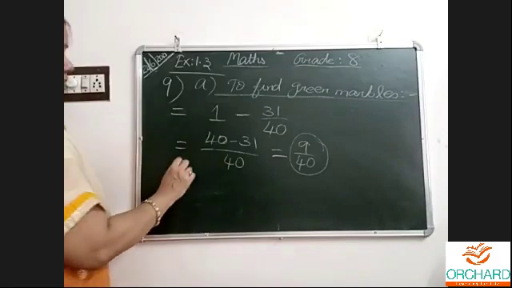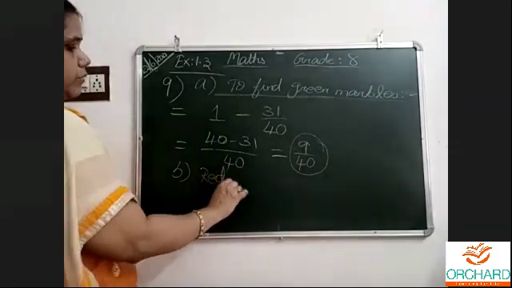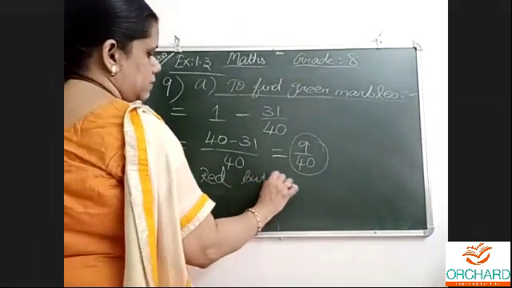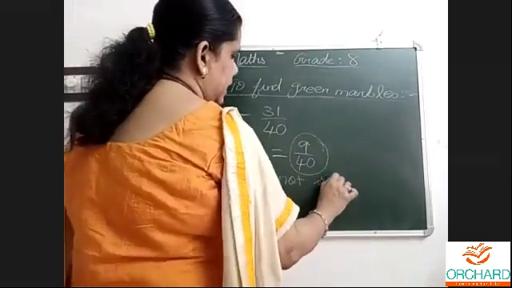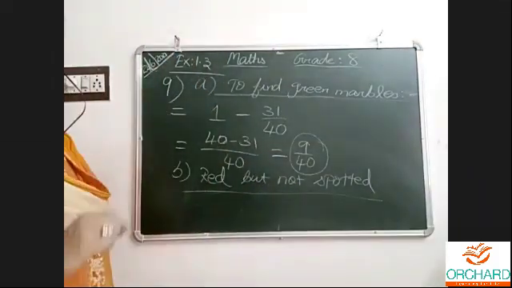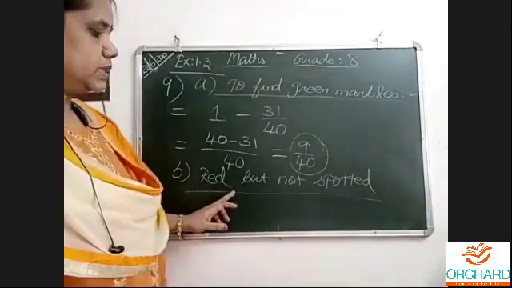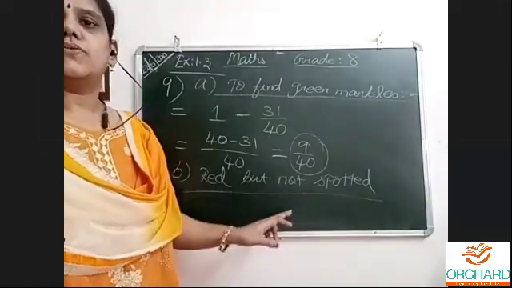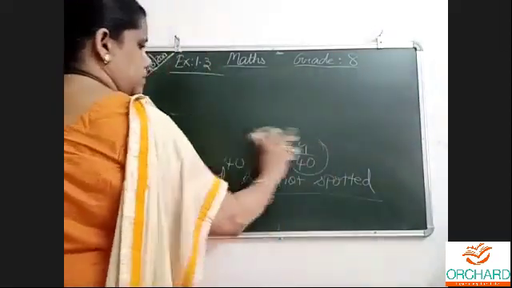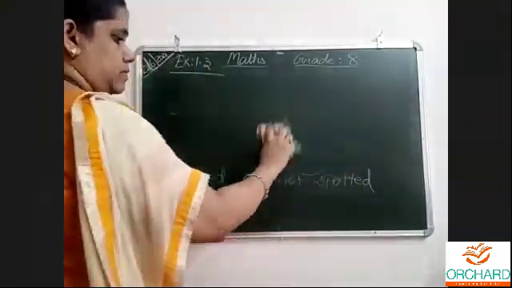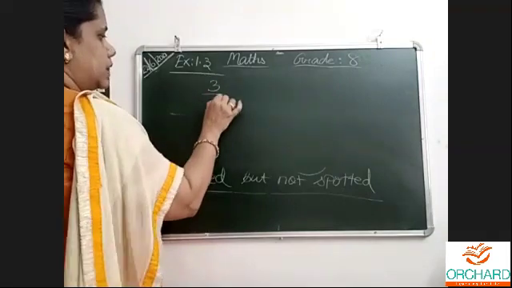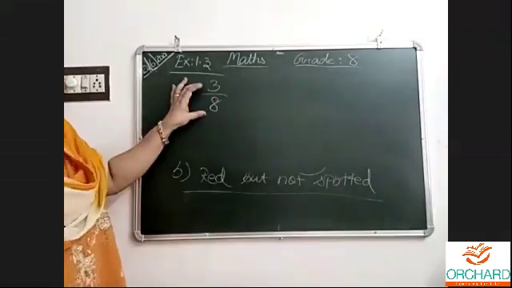Question number B. Red color we want, but not spotted. There should not be any damage in that. No spottings, no spot marks. Red but not spotted. For that, what to do? Red color marbles are given as 3 by 8, total red marbles.